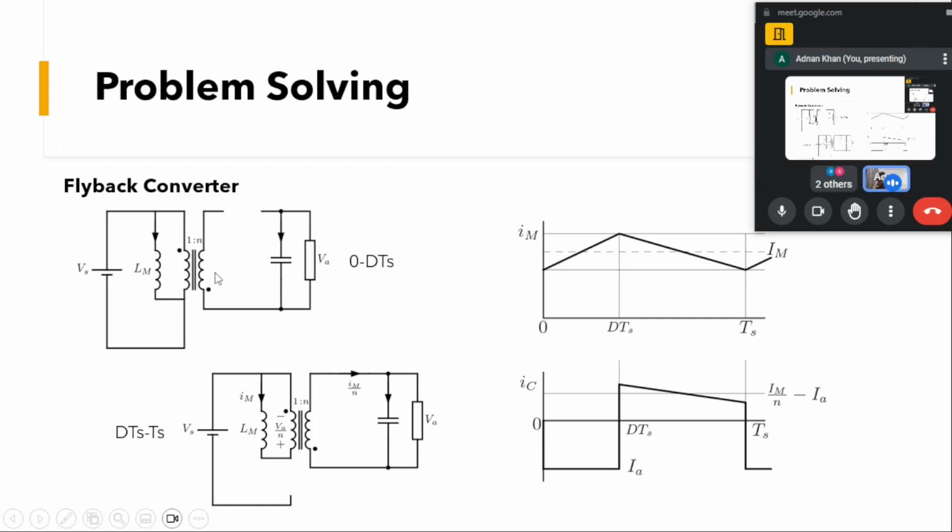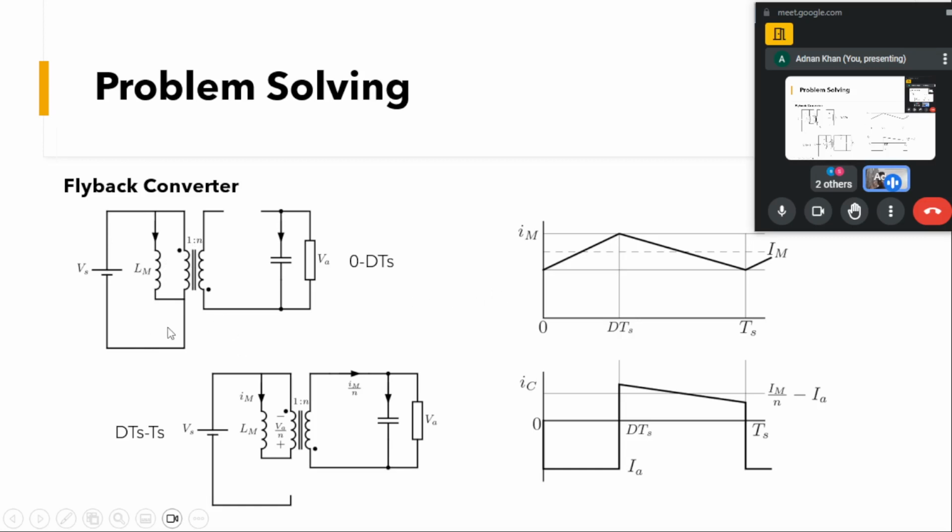And at this output, due to the dot point, we'll have positive here, negative there. Since we have a diode here in this direction, it will be reverse biased, so this will be open. When this is open, there is no secondary current, and as such there will be no current in the primary either, so there will be only one current, the magnetizing current, in this interval.